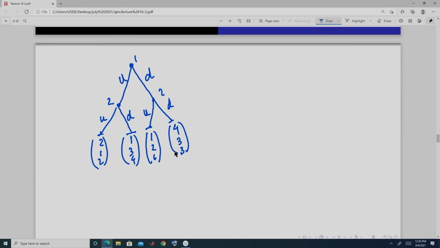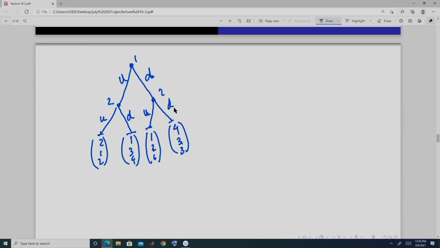Okay, so the game is now like this. We have only 2 stages now. We have played the third stage. So in stage 2, if it is here, player 2 knows if it plays U, it is going to get 2. If it plays D, it is going to get 3.